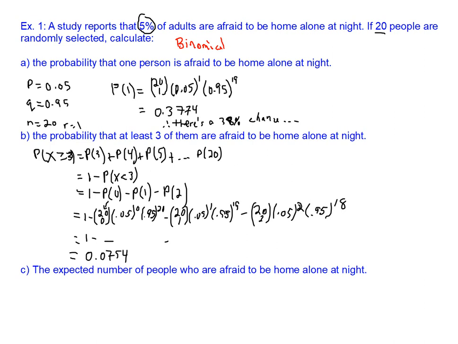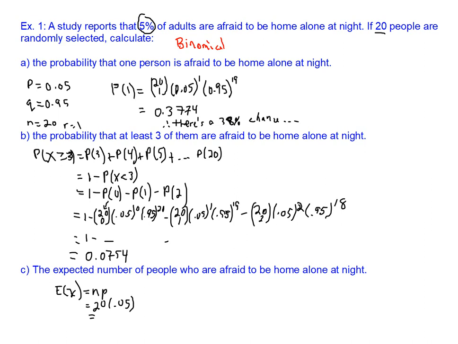Now, in order to find the expected value for a binomial distribution, the expected value is just equal to n times p. So the number of trials, which is 20, times the probability of success. In our case, the success was being afraid to be at home alone, which is 5%.